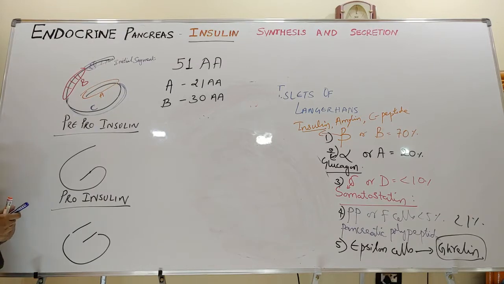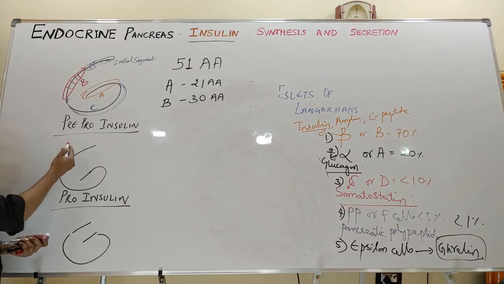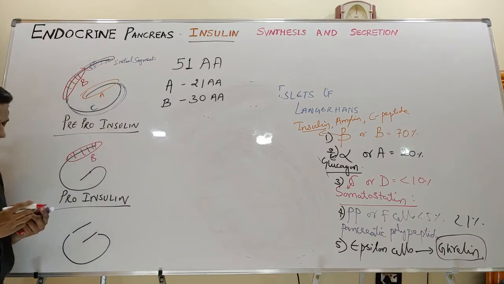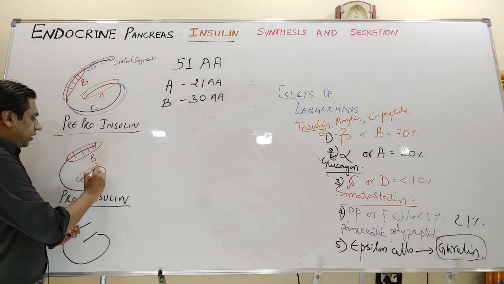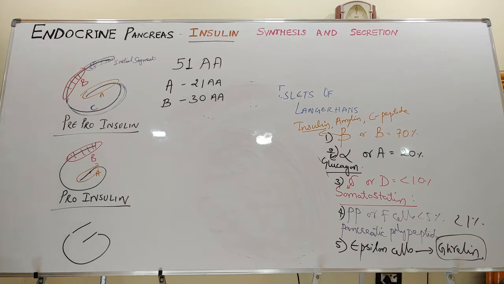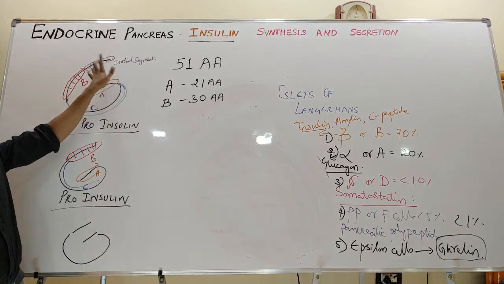What remains in the proinsulin molecule is the B chain, the A chain, and this connecting peptide, that is the C peptide. So this proinsulin molecule does not have the initial segment.